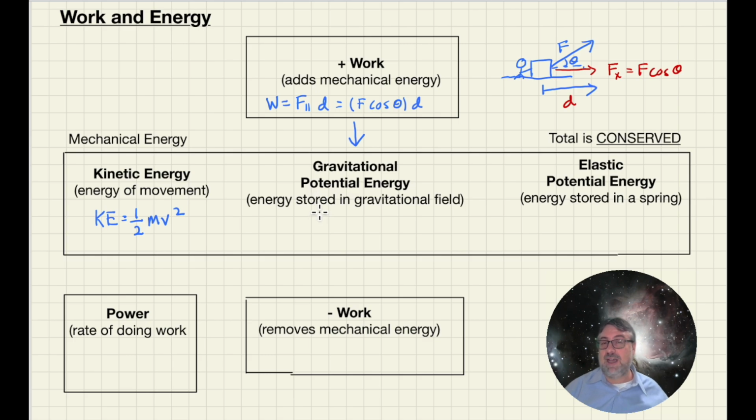We often will simplify this as saying that gravitational potential energy is an energy caused by a change in position. So we can write that equation as gravitational potential energy is usually calculated with the mass times the gravitational acceleration g, 9.81 on our planet, times a change in height.